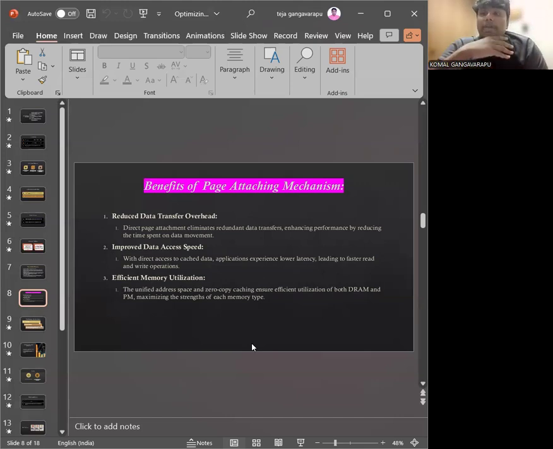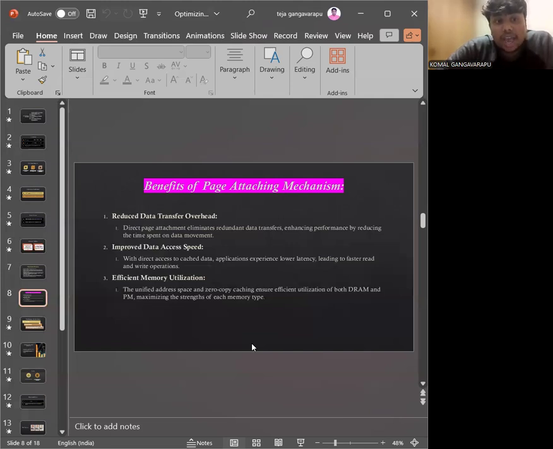Generally it takes time to move data from the cache to the application, but here there is no movement, so we reduce that time. It improves data access speed, since with no movement and direct access to cache data, applications experience lower latency, leading to faster read and write operations.